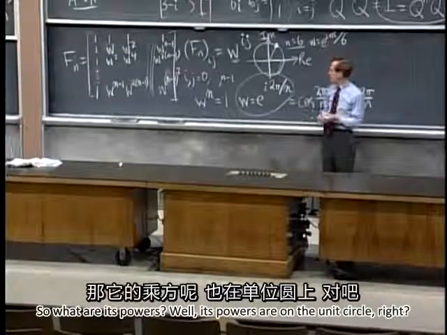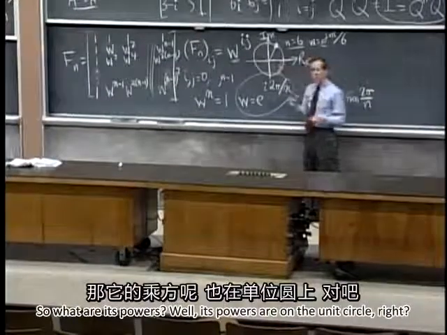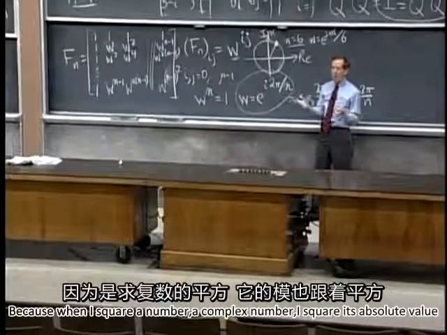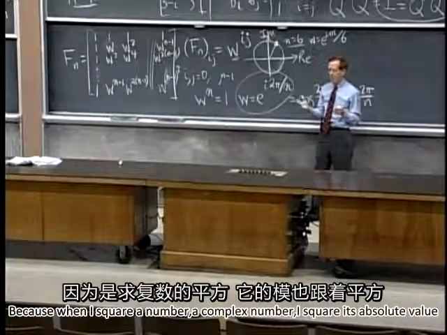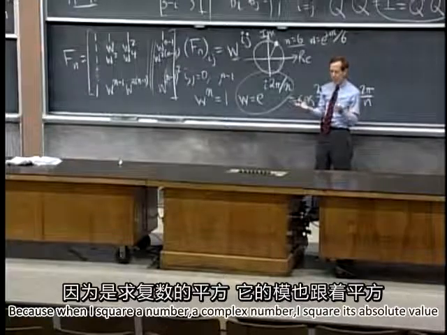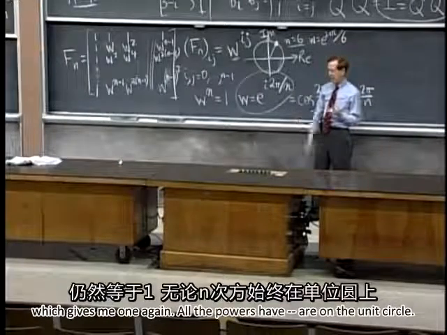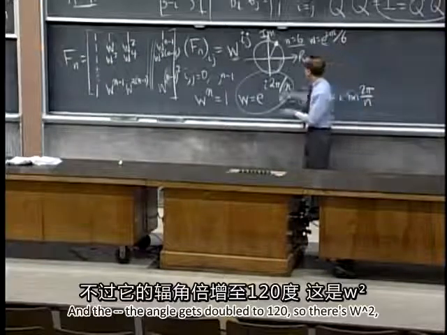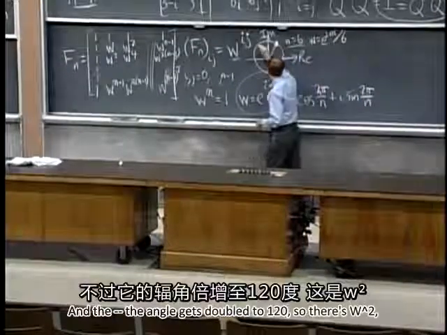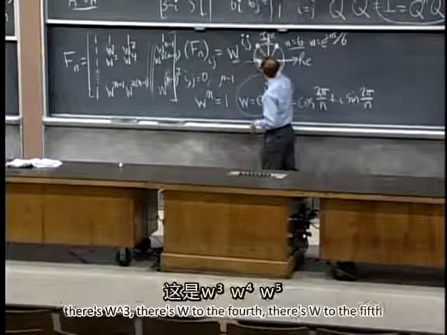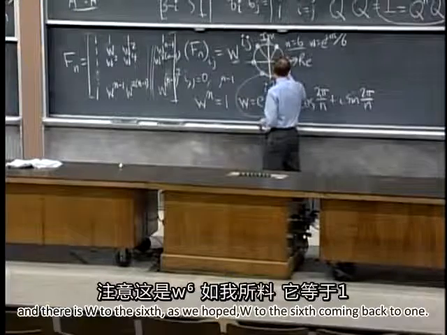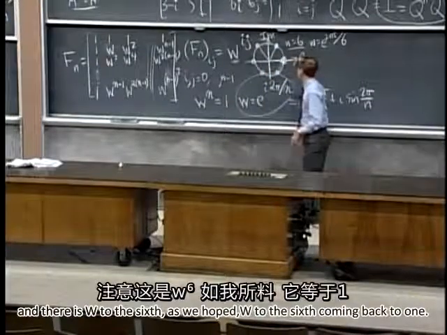So what are its powers? Well, its powers are on the unit circle, right? Because when I square a complex number, I square its absolute value, which gives me 1 again. All the powers are on the unit circle. And the angle gets doubled to 120, so there's w squared, there's w cubed, there's w to the 4th, there's w to the 5th, and there is w to the 6th.